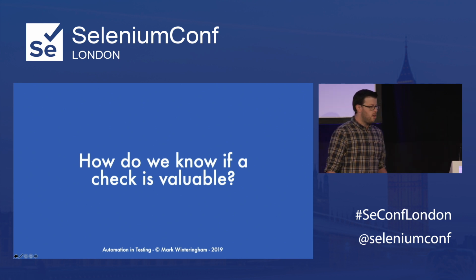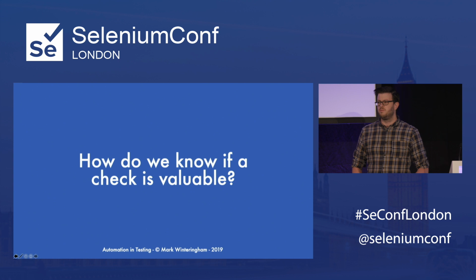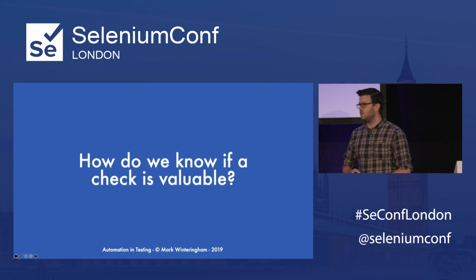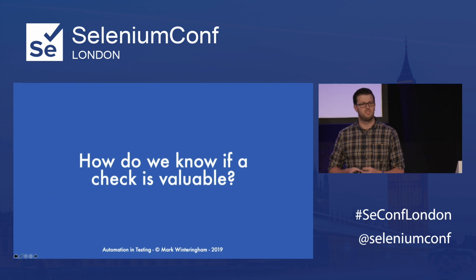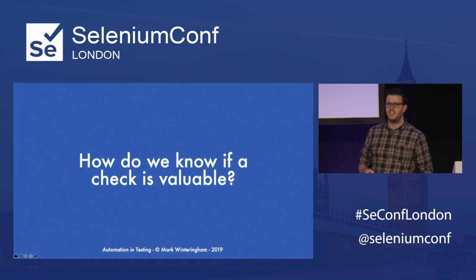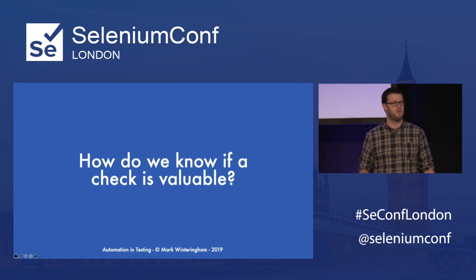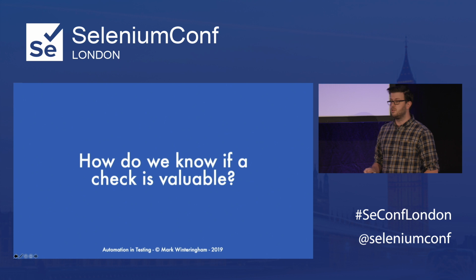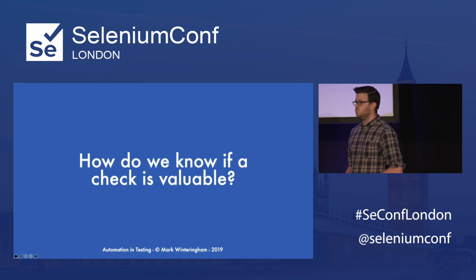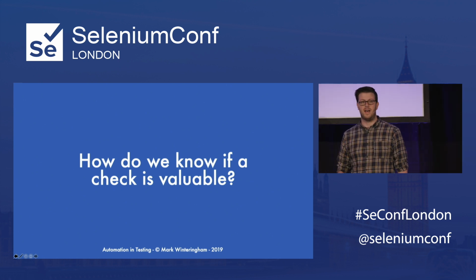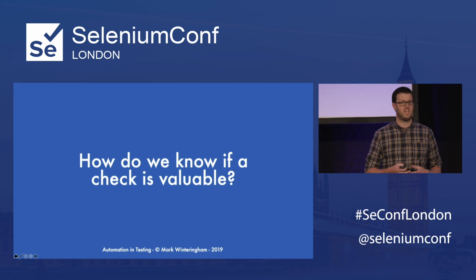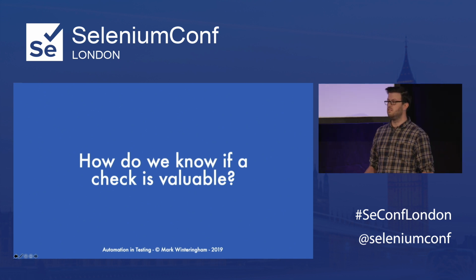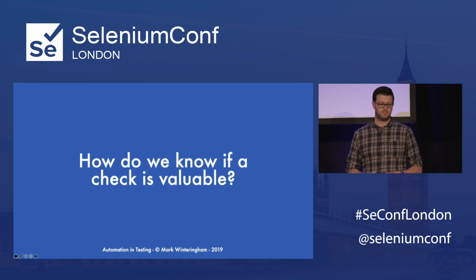I thought the best way to demonstrate this, and also I struggle sometimes with talking about full stack tests, end-to-end tests, because they mean different things to different people, is to demonstrate what I see as the common pattern of tests or checks that are written in WebDriver.